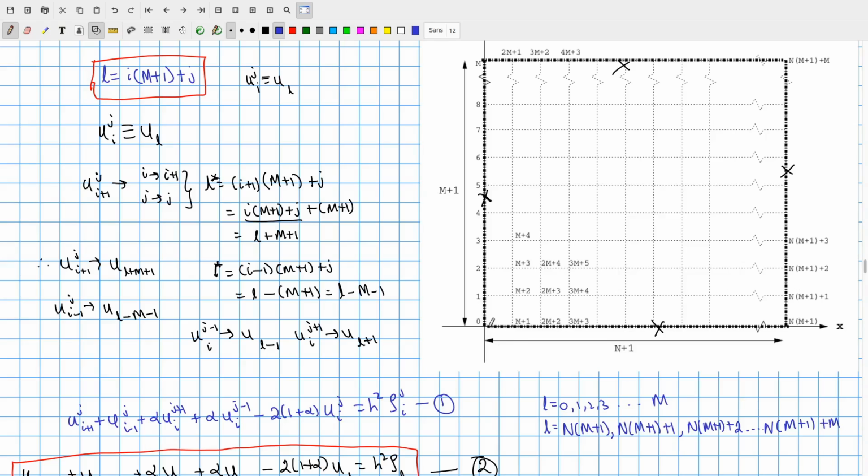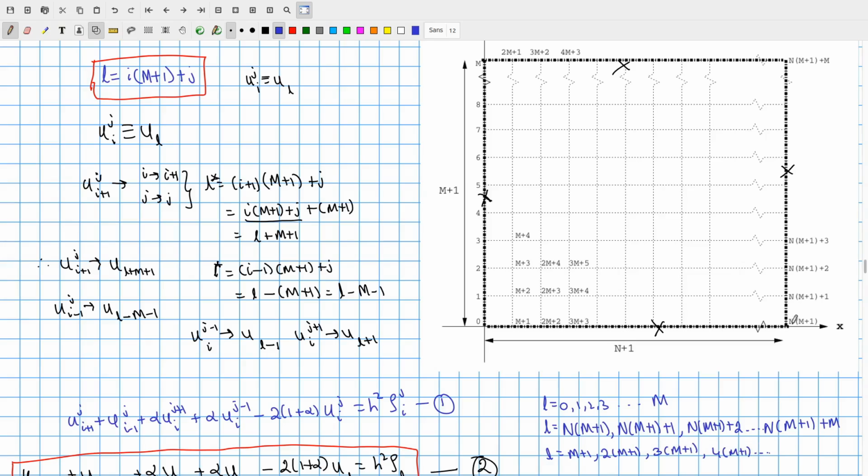Now let us try to write down the next boundary condition. Of course 0 we have taken already, so let us write from here. Then L is going to be m plus 1, then 2 times m plus 1, then 3 times m plus 1, then 4 times m plus 1, and keep on going.